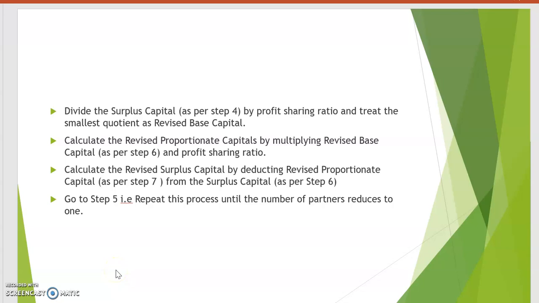As we discussed in the above points, for all remaining revised capital, you continue with the same procedure: find the unit value, then the proportionate capital, and then deduct proportionate capital from the capital to get the surplus. You will repeat this process until the number of partners is reduced to 1. Means at the end there will be one partner who shows the absolute surplus capital.